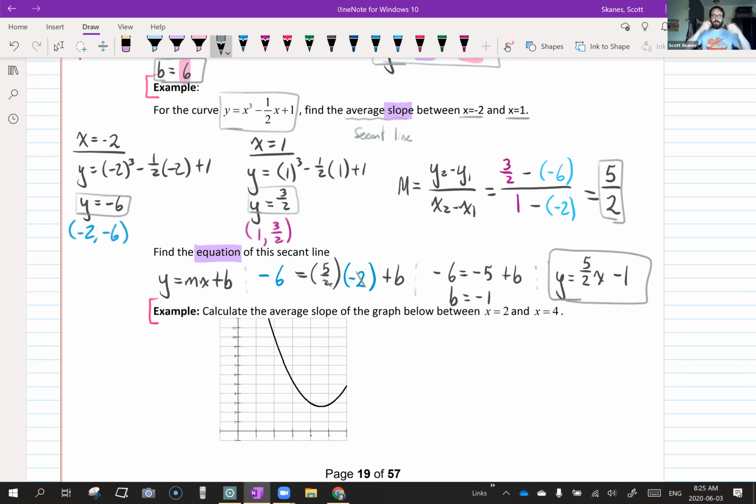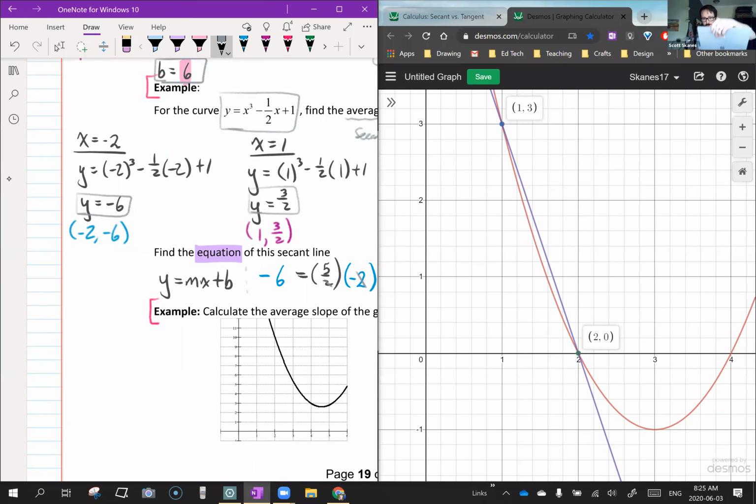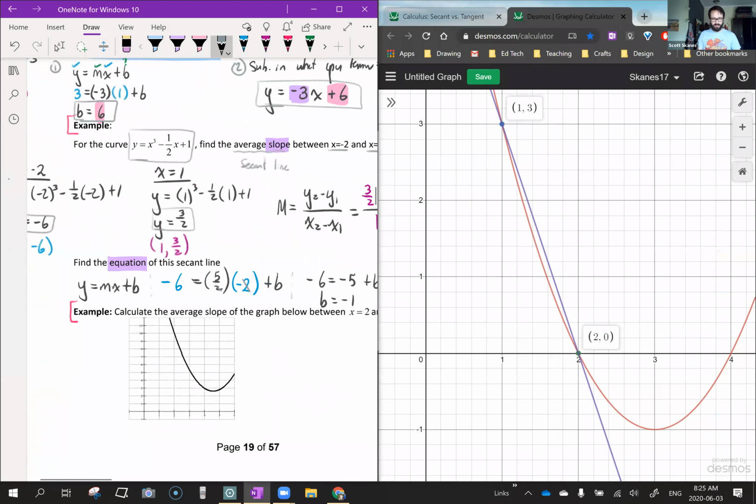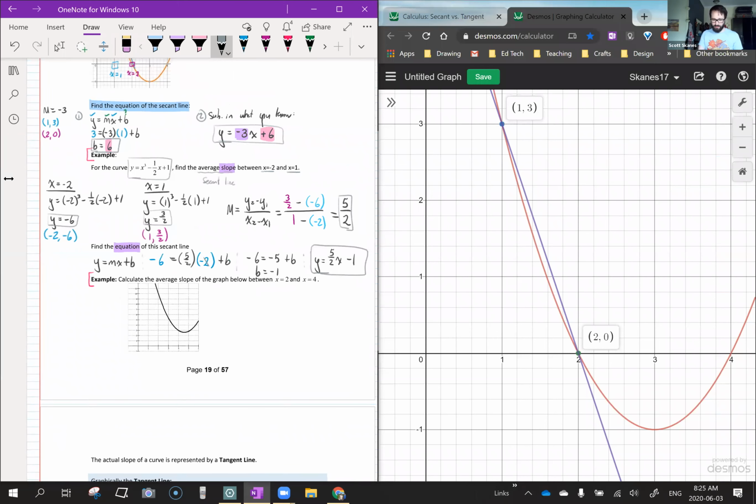Get your 2 points, get the slope, find your equation by solving for b. Hopefully that's okay. I'm going to confirm my answer. I have a good feeling about this one. I think that this is going to be okay. It's all going to be okay.